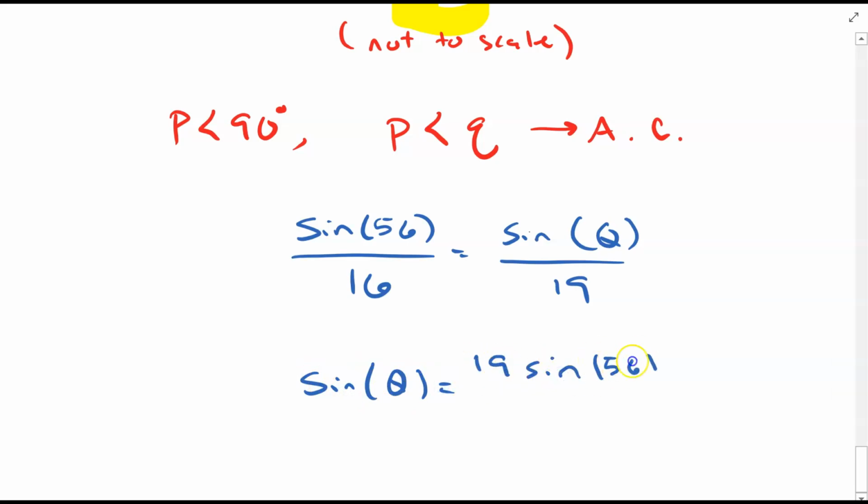I hope everybody's okay with that. I get this. And this 0.984, this result, is what's going to tell me whether I have 0, 1, or 2 triangles.